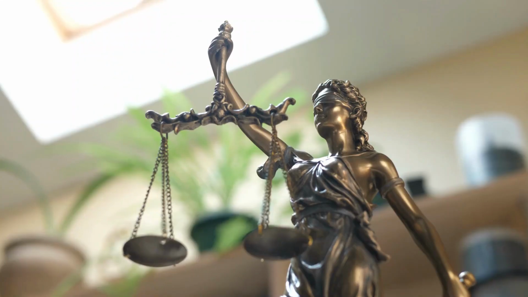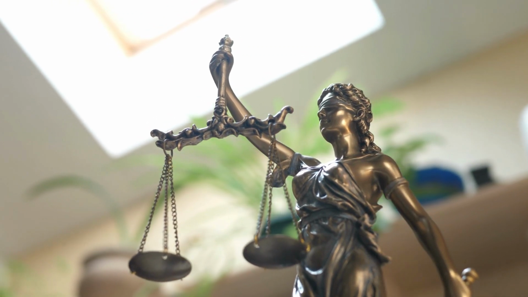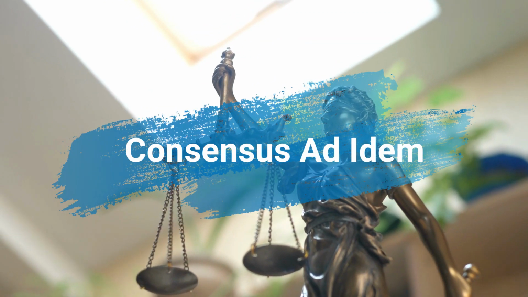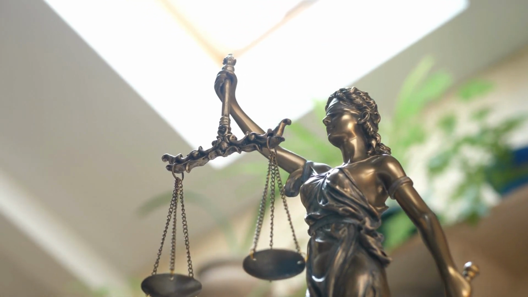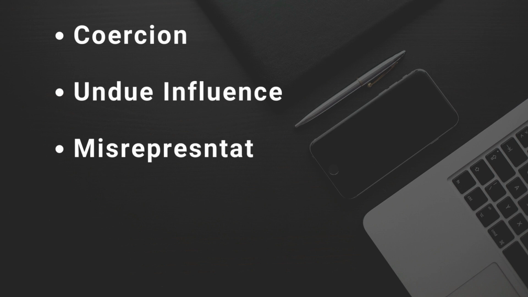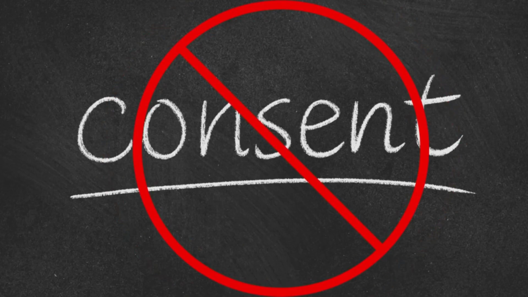So we must duly ensure that the consent is availed under a consideration of consensus ad idem. It has to be free, but in all those scenarios where the consent is obtained by coercion, undue influence, misrepresentation, mistake, and fraud, in all these 5 scenarios, consent is said to be non-free.